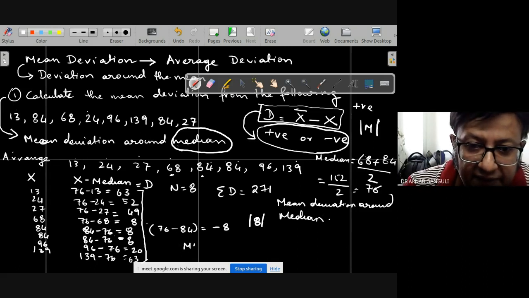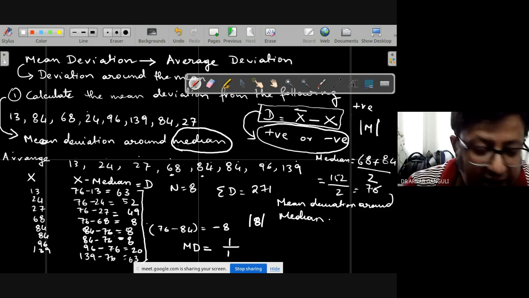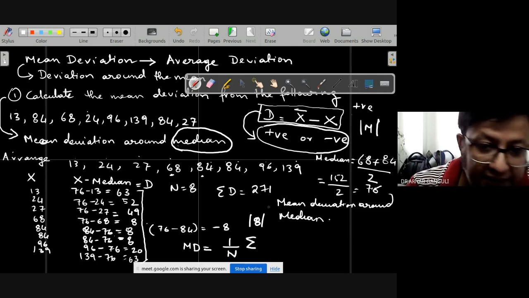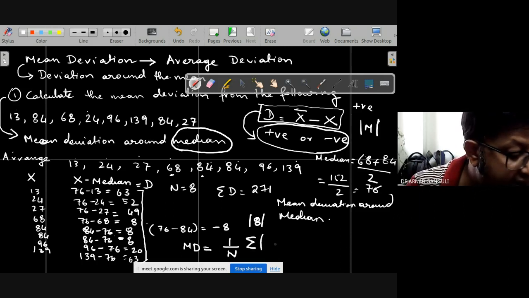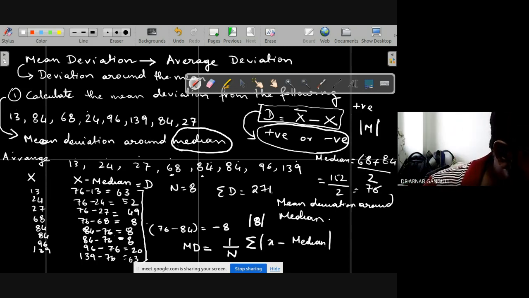MD, this is the formula: is equal to 1 by n sigma modulus x minus median. This is actually the D value.